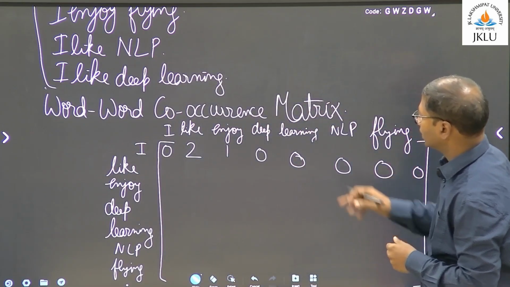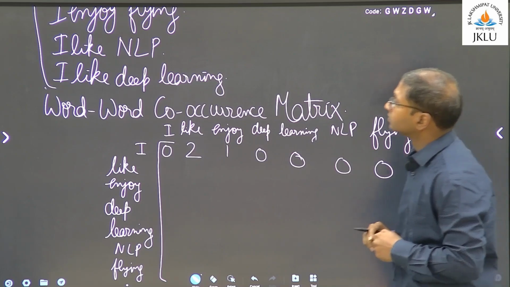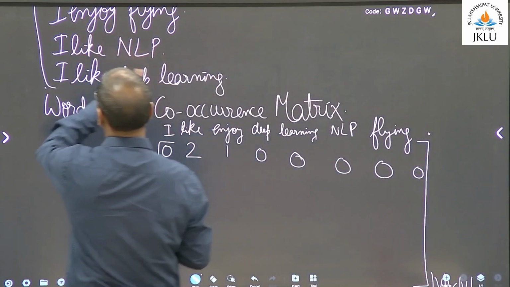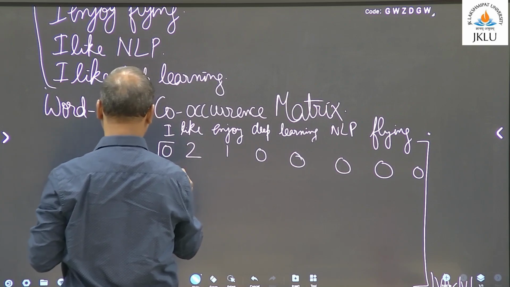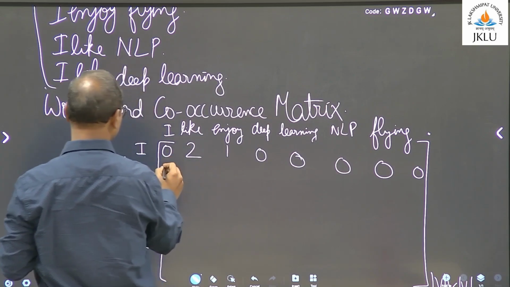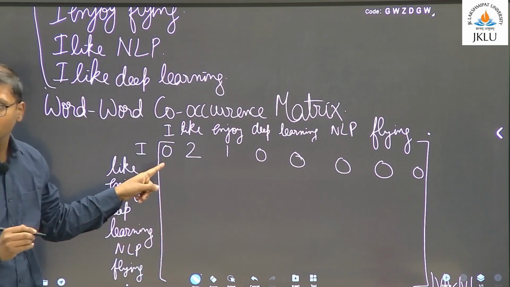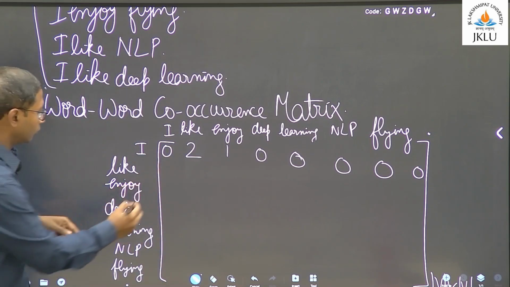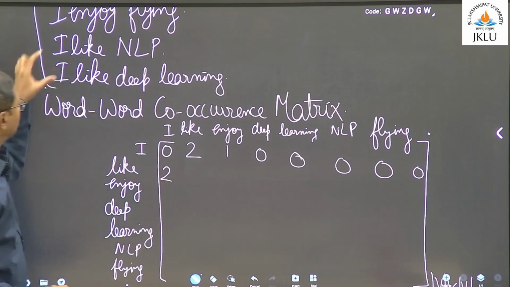Now, can you do it for like? So I, what will be the value here? 2. Why 2 again? Like occurs 2 times.